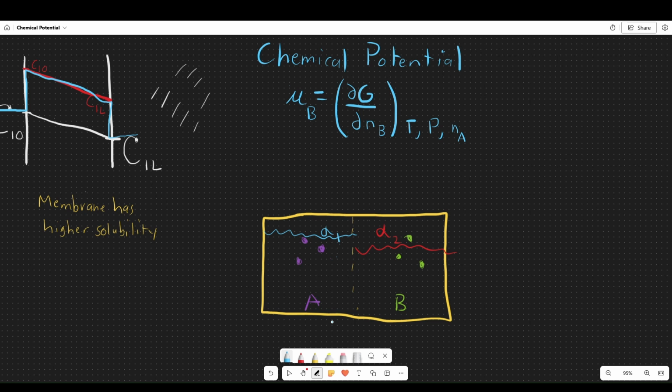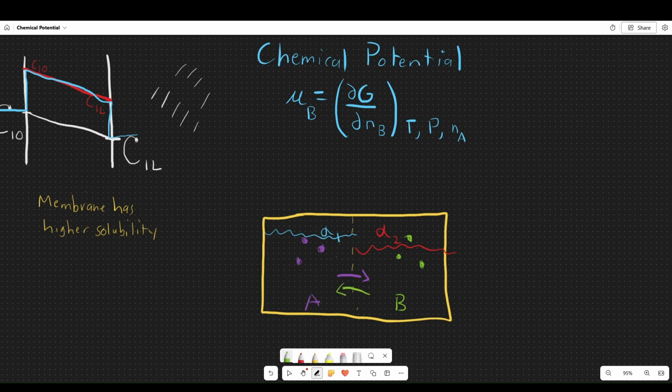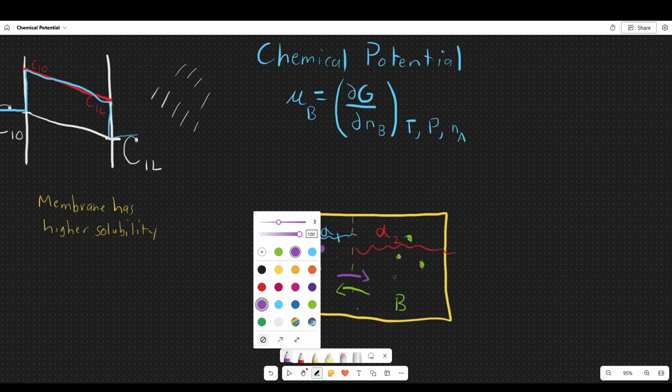So what you would eventually expect to see is that particles A will go on this side, particles B will go on this side. And we'll reach some sort of equilibrium where we have some particles B here and some particles of A here, right?